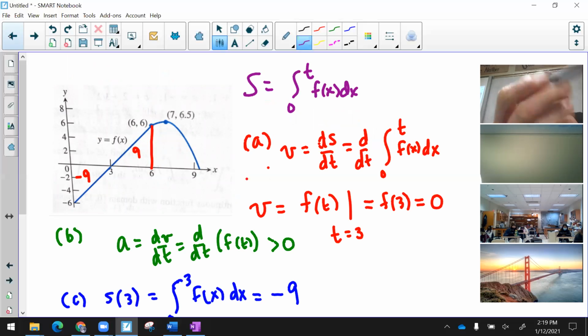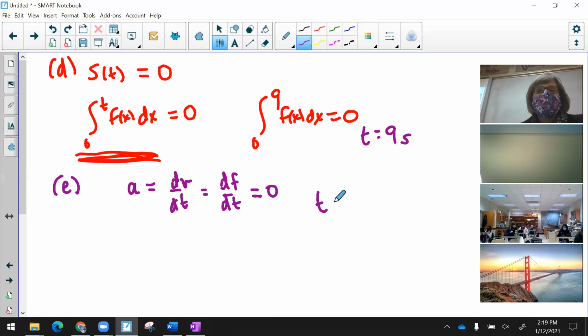At t equals 7 seconds up here, right? I don't know if we're going to be able to do this last part in less than a minute, but we'll try.